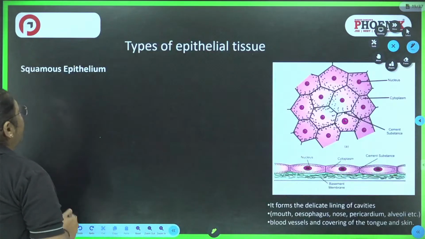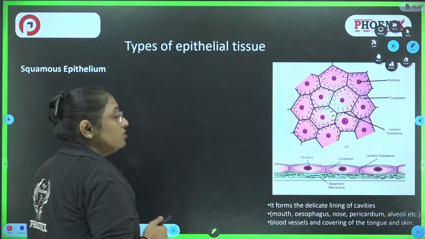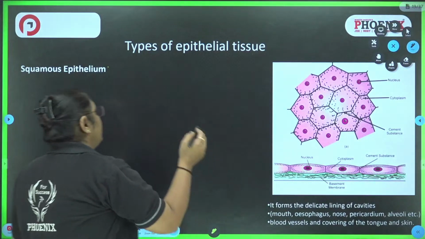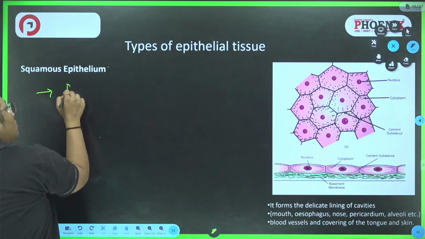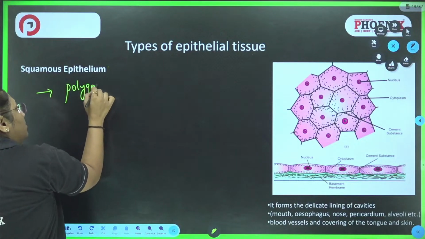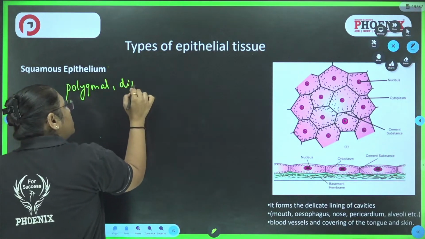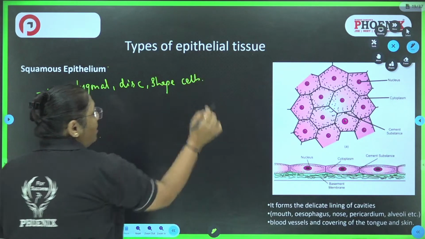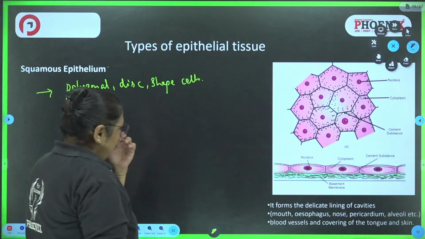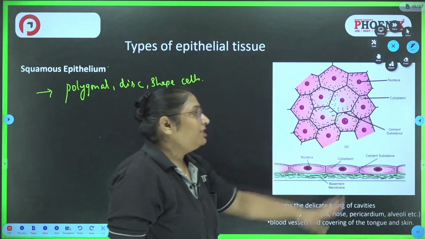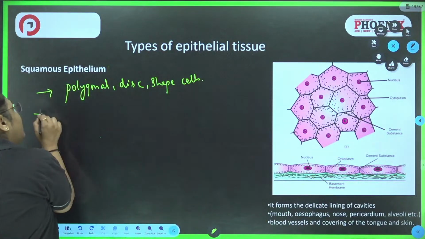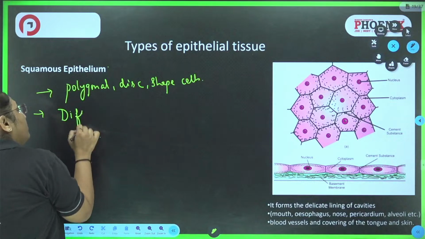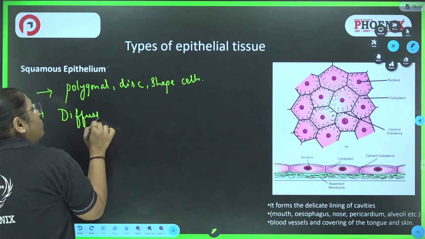Let's see the first type of epithelium, that is squamous epithelium. If we see the types of cell, they are polygonal, disc shaped cells. Here also we can see there is very little intercellular space. It helps in diffusion.